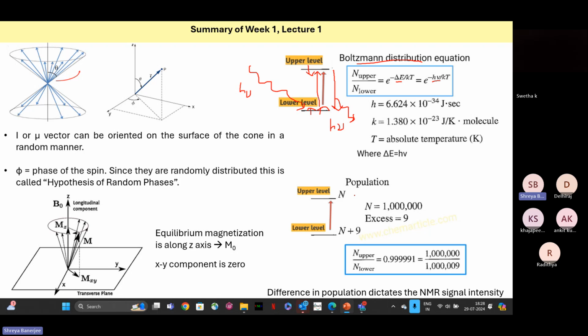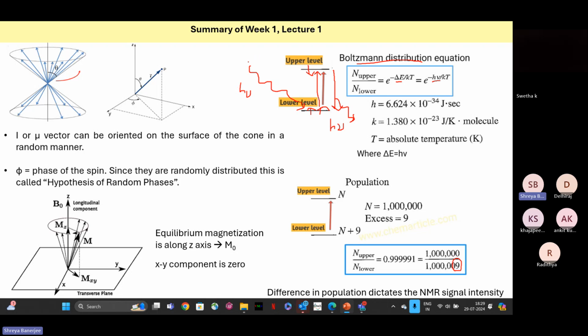Now, one thing to note is that the population difference is actually very low. Here we have shown one where we have taken a general distribution. You can see that the lower level only has 9 additional nuclei compared to the upper level. It is because of these additional nuclei that we are seeing the NMR signal.